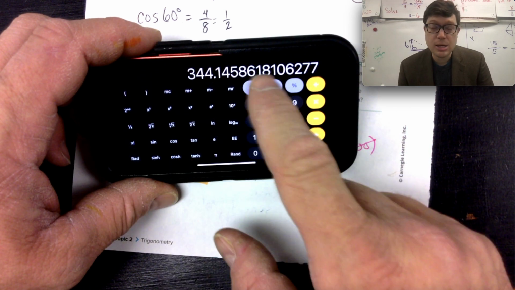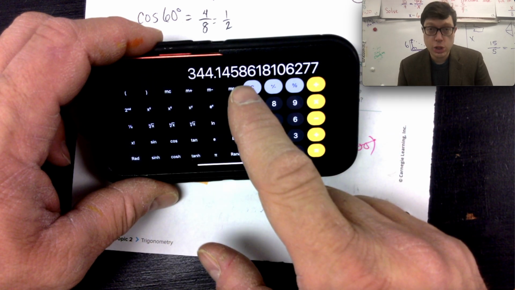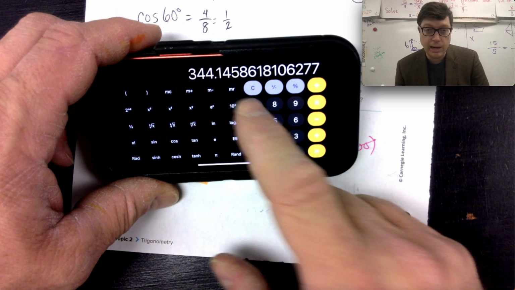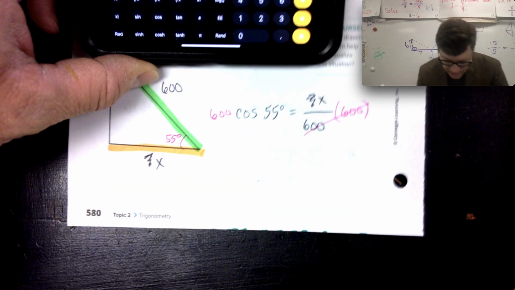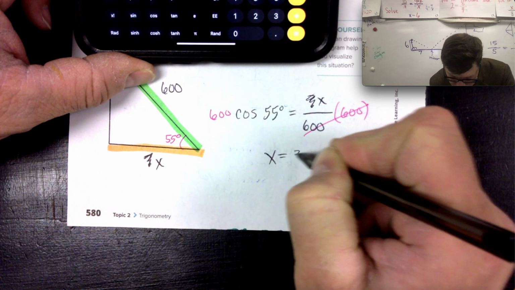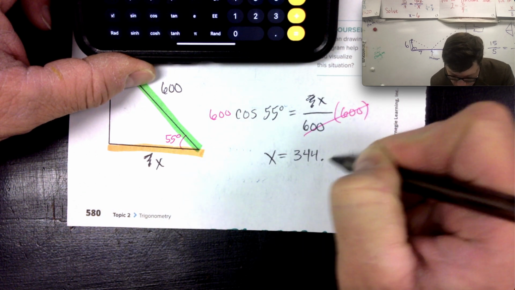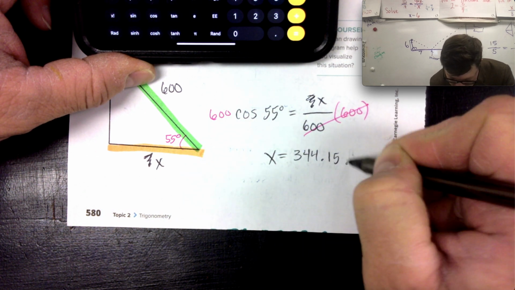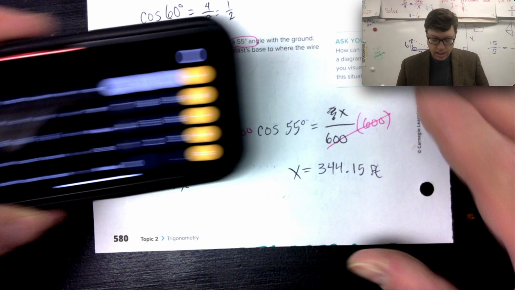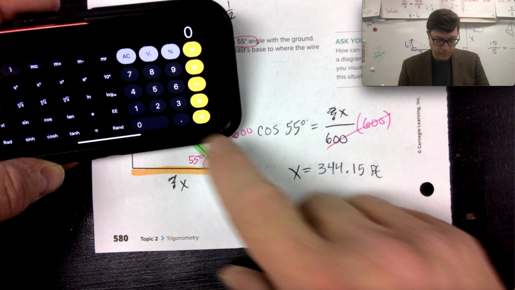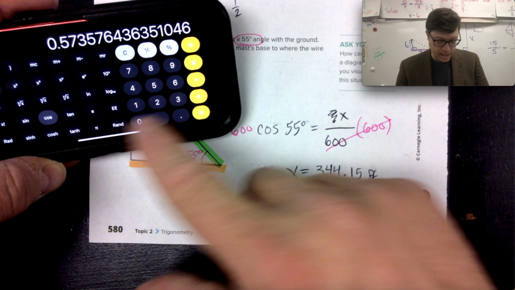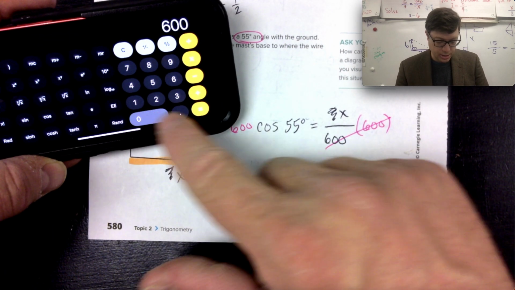The base of the radio mast to where the guy wire attaches to the ground is 344 feet. x equals 344.15 feet. Once again, this is how I calculated it. I work backwards. I got to go 55 cosine times 600.